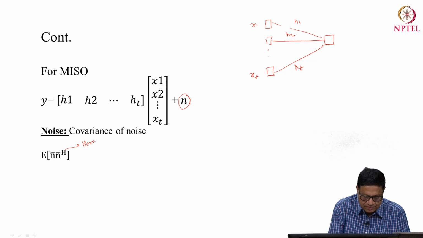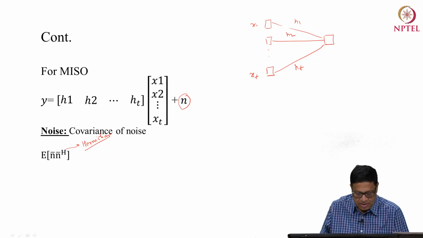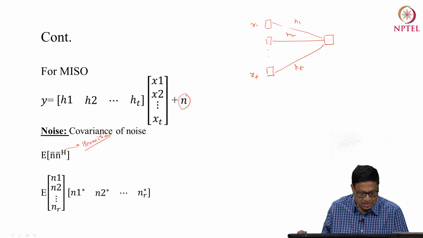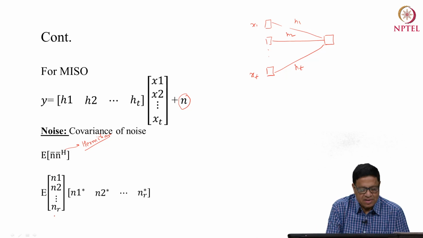is given by the expected value of this. So this is n1 to nr, because there are R receivers. The components are n1, n2 for each branch, into, then we have to take the transpose and then the complex conjugate.